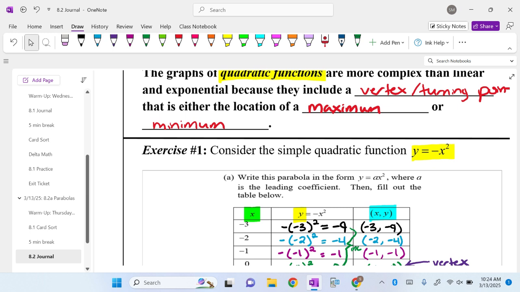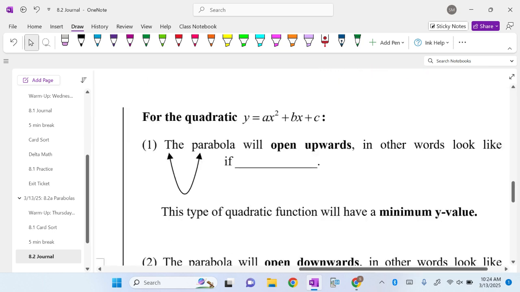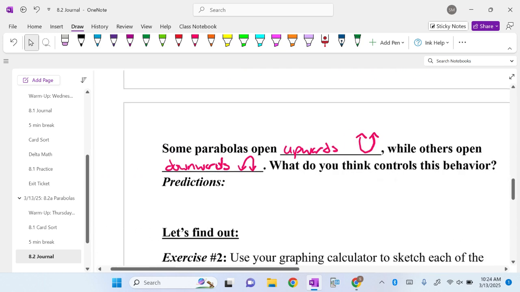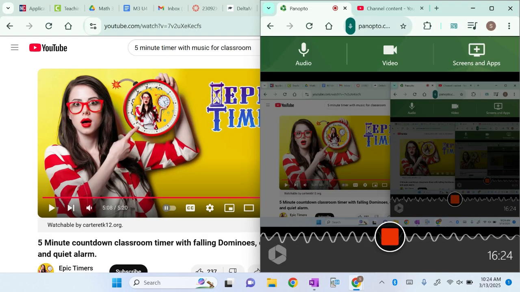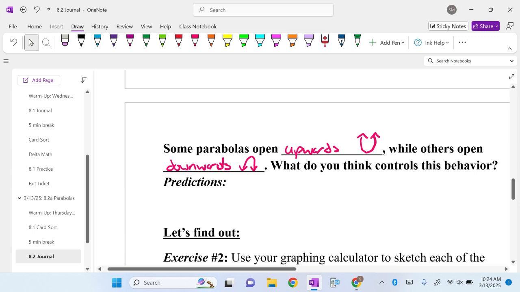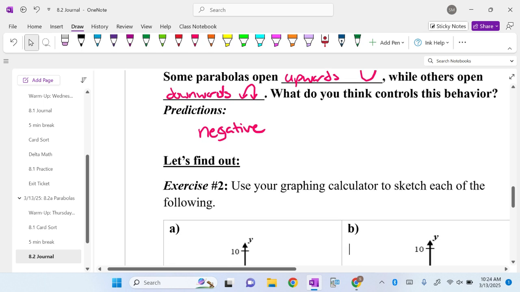What do you think, Foster? We were thinking it has something to do with a negative. So we're going to make that prediction that it has something to do with the negative. We don't really know what per se, but we know it has something to do with a negative. Let's actually find out.